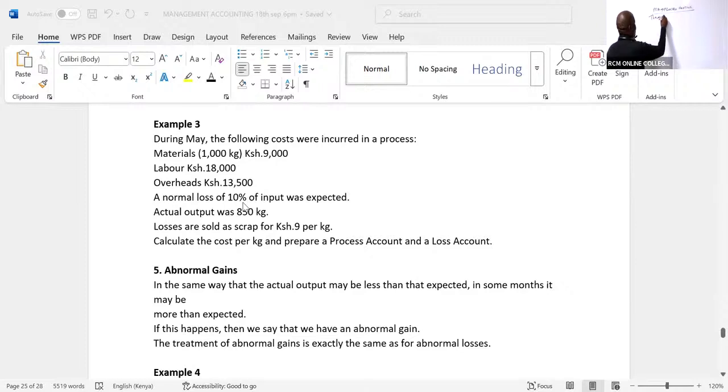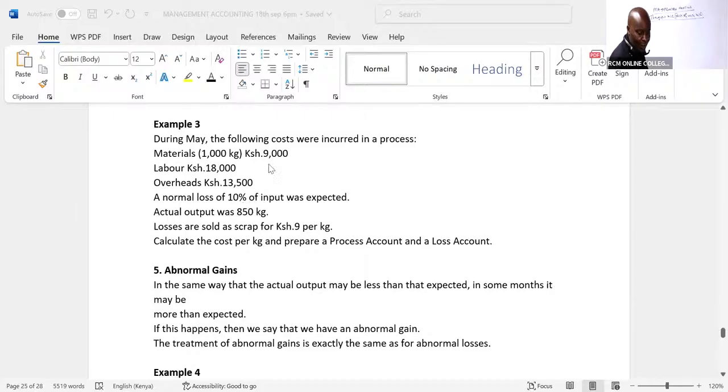A throughput account, which basically is an account which gives us movement of units. Very, very important: a movement of units account.